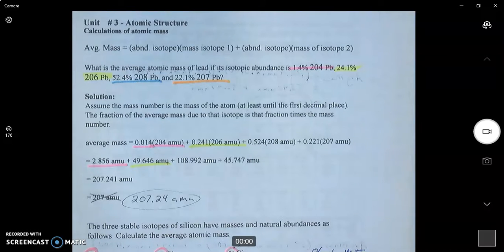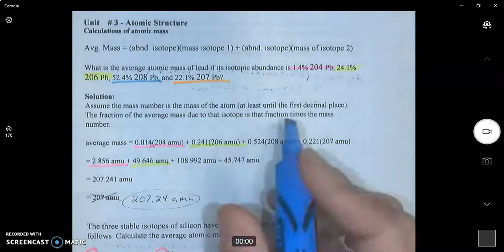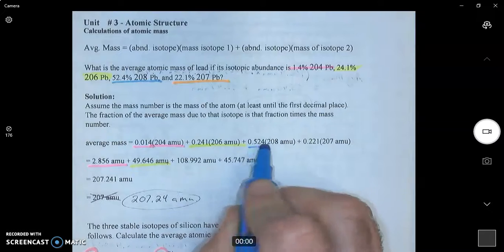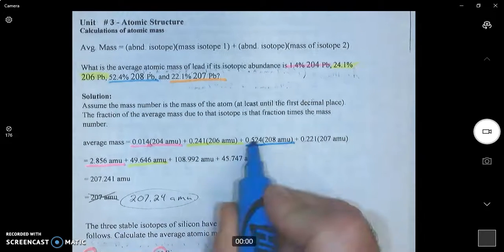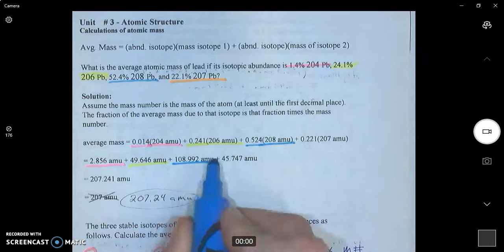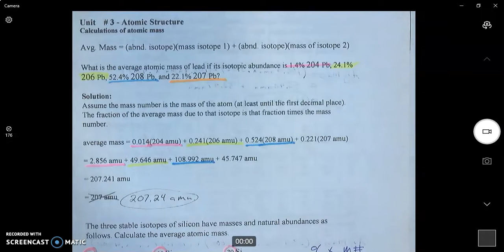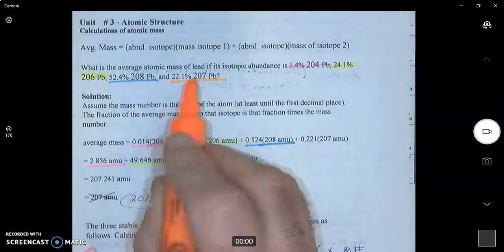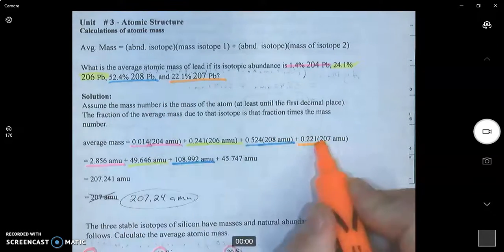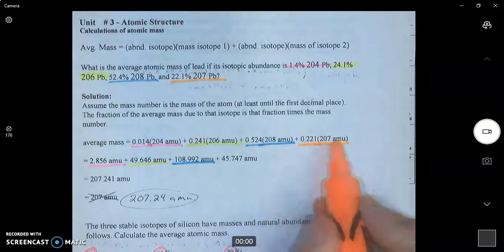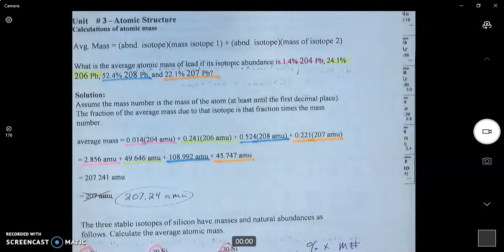The next set of data we have is 52.4%, which would be 0.524, has a mass of 208 AMUs. That product is 108.992. And then our last piece of data here, 22.1% would be 0.221 with a mass of 207 AMUs. The product of that is 45.747. So we took the mass times the percent for each isotope.